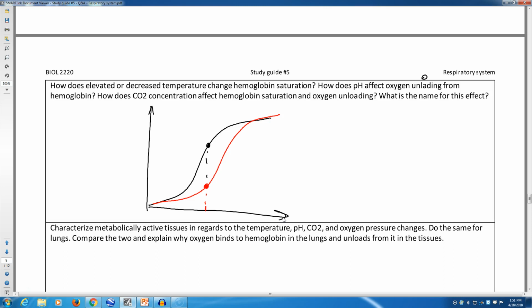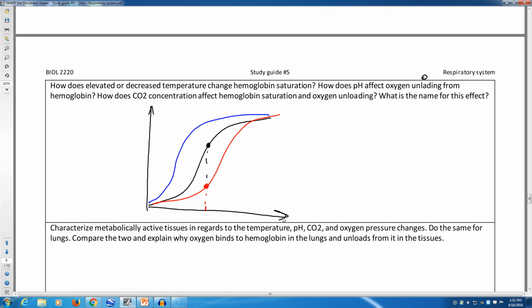Does that make sense? So therefore, cold, high pH, high oxygen, low CO2, they will shift the curve to the left.